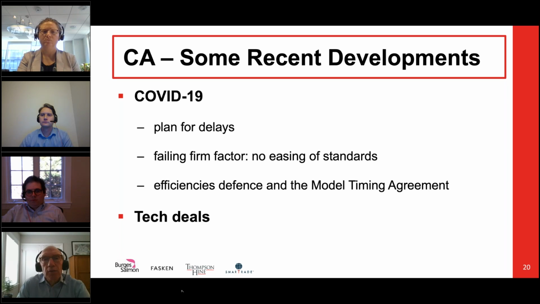These are difficult cases to make by merging parties, and invariably involve substantial economic evidence.